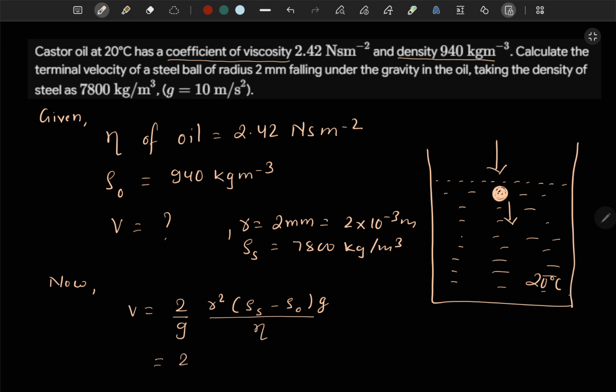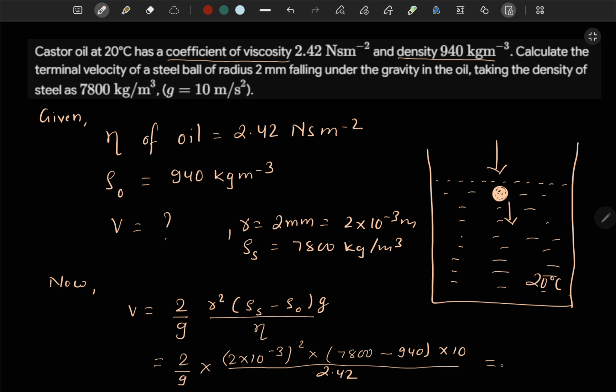Putting the values: 2 by 9 into r square, 2 into 10 power minus 3 square, into density of steel 7800 minus density of oil 940, into acceleration of gravity 10, divided by viscosity 2.42.